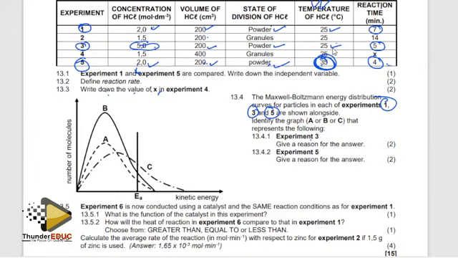Yes, but it has a high concentration. So this shows that it has a high concentration. You understand? It has a high concentration. So this one becomes experiment 3 because of the high concentration here. Is it clear? It has a lot of particles in the reaction, but the number of particles which are reacting to form products are not that many. The reaction is not that fast. You see? So we have got it.